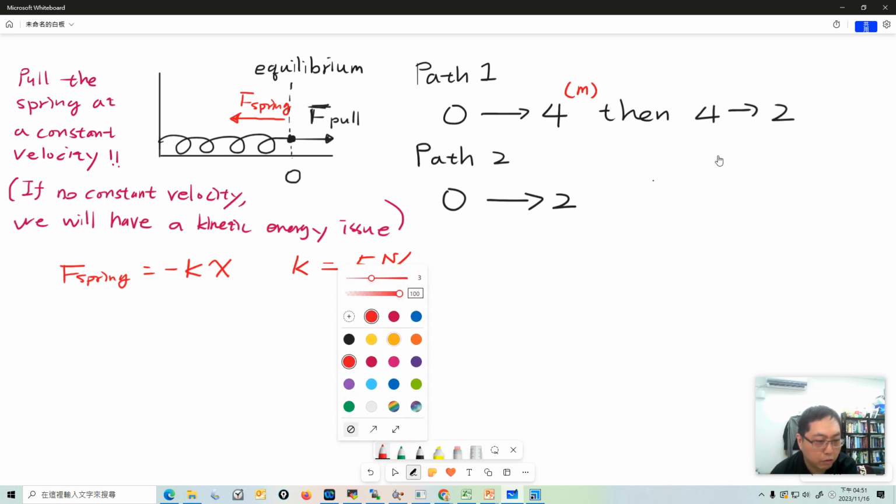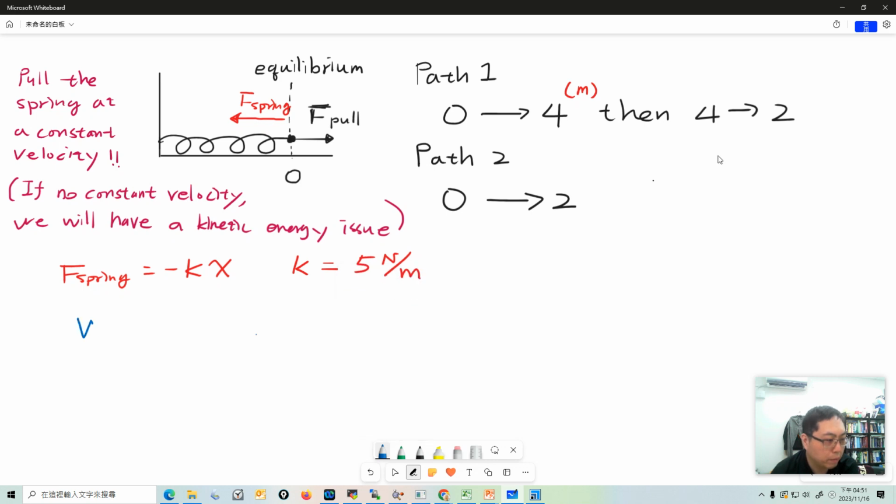Let's calculate the work in path one. Path one has two sections, so we separate them: the work done by the spring force from 0 to 4, plus the work done by the spring force as it goes from 4 to 2.